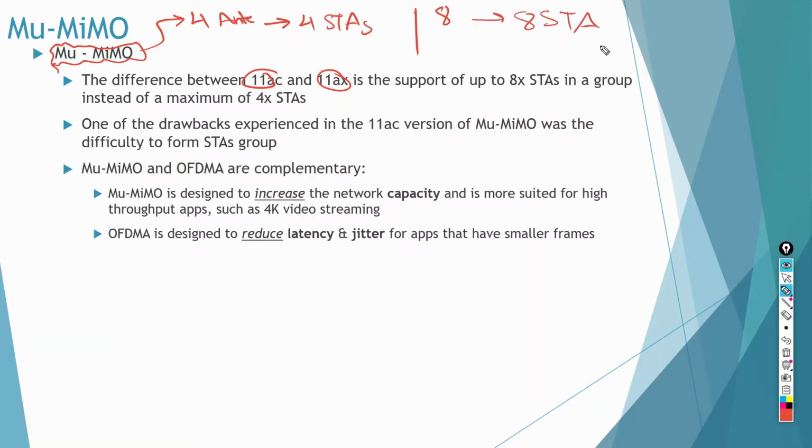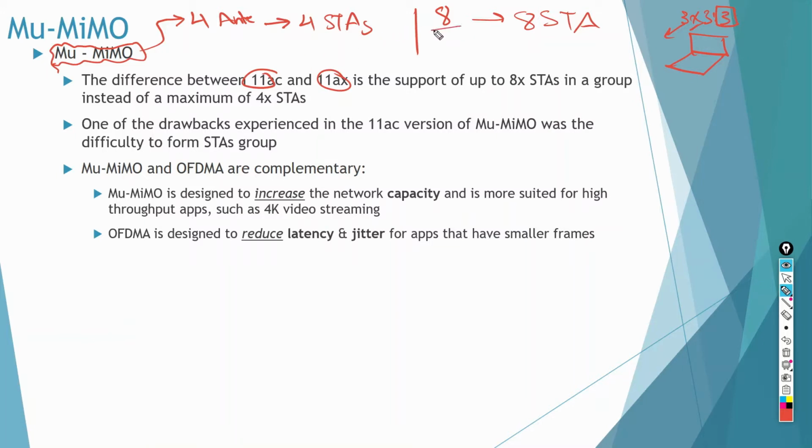Now, actually, depending on the station capability, let's say I have a super high-end laptop with 3x3:3, which means the laptop is capable of having 3 transmitters, 3 receivers, and capable of receiving 3 concurrent spatial transmissions at the same time.